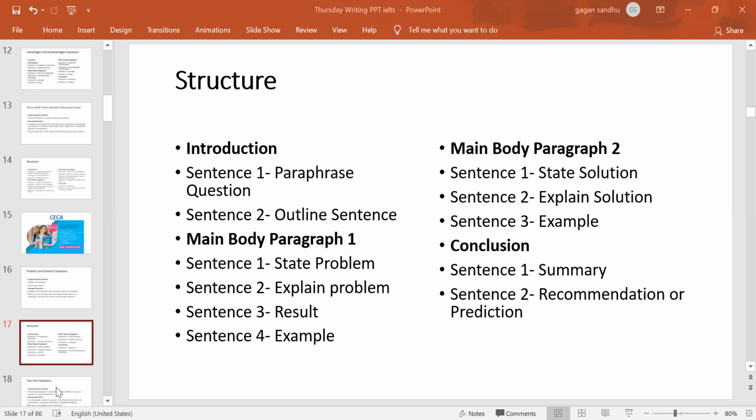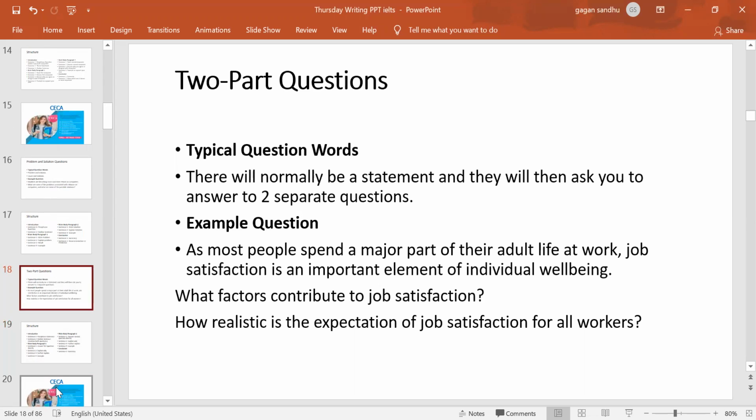Then the two-part question is the last type of essay you can have. So there will be a statement just like that, and then they will be asking you two separate questions. So here is the example on the screen right now. As most people spend a major part of their adult life at work, job satisfaction is an important element of individual well-being.